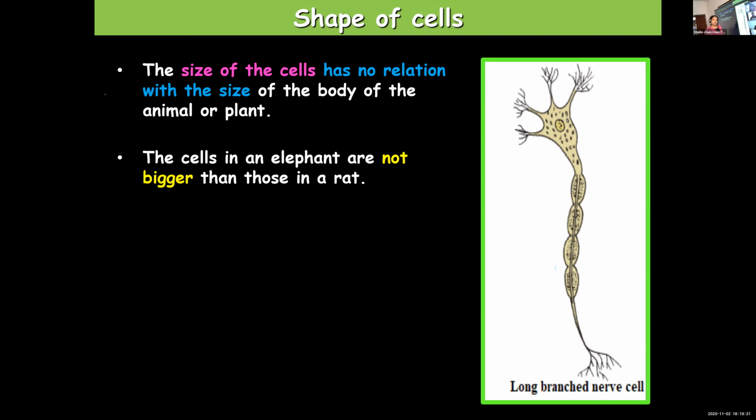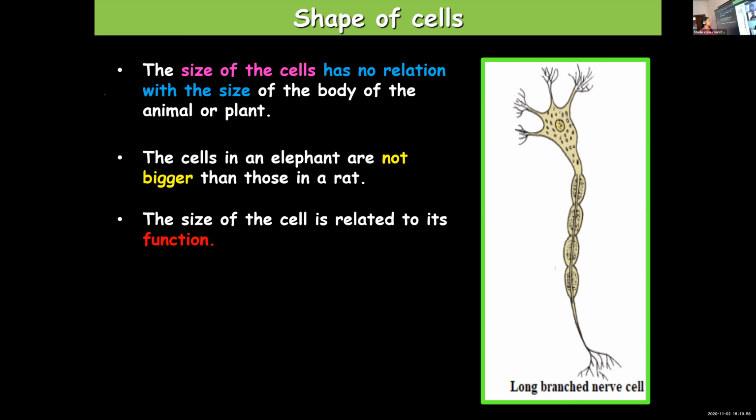But the cells in an elephant are not bigger than those in a rat. Cells will be more or less of the same size. But the number of cells will be more in an elephant than in a rat. The number of cells can be more as the size of the organism is bigger, but the size of the cells will remain the same.